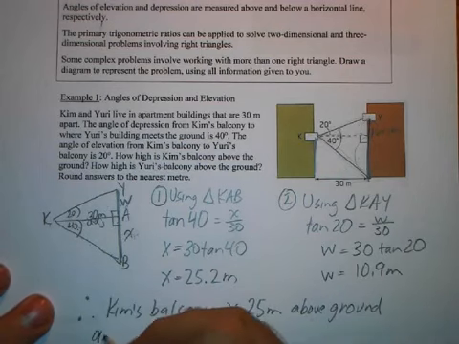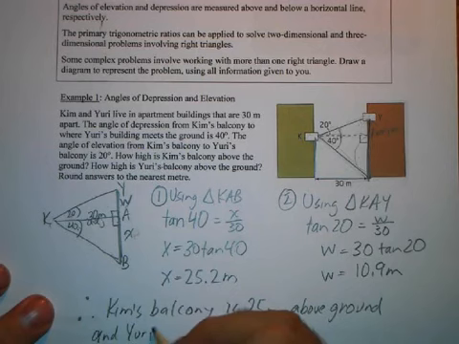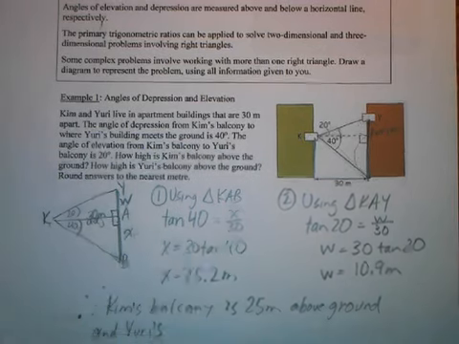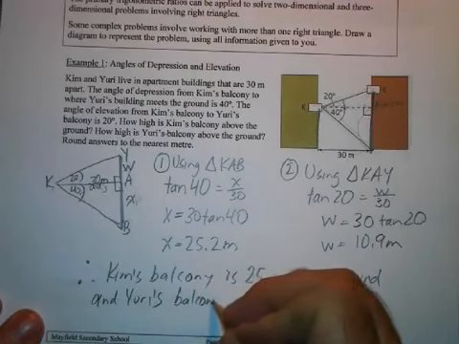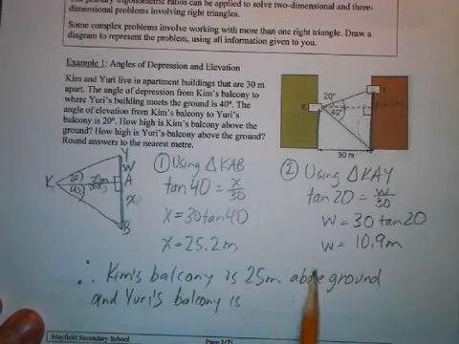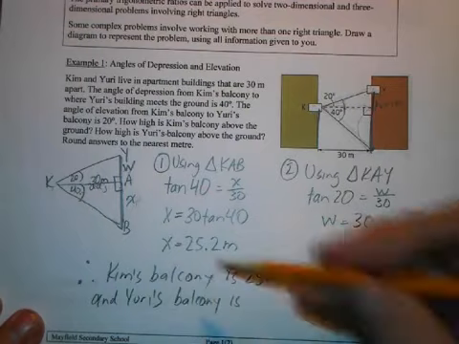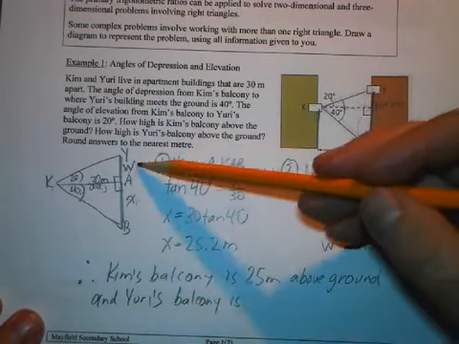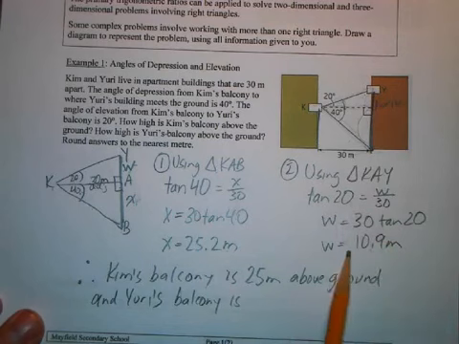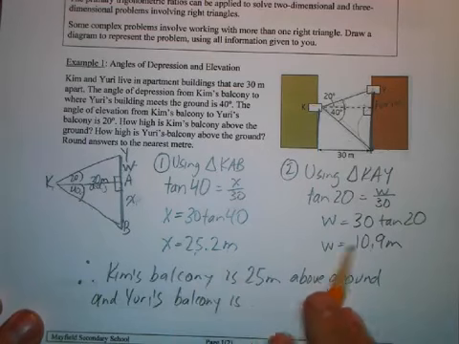And Yuri's balcony, move this up a little bit. Now this time I'm going to add these two together because remember Yuri's balcony is that side plus that side, so W plus X. So that's going to be 25 plus 11, 36.1.